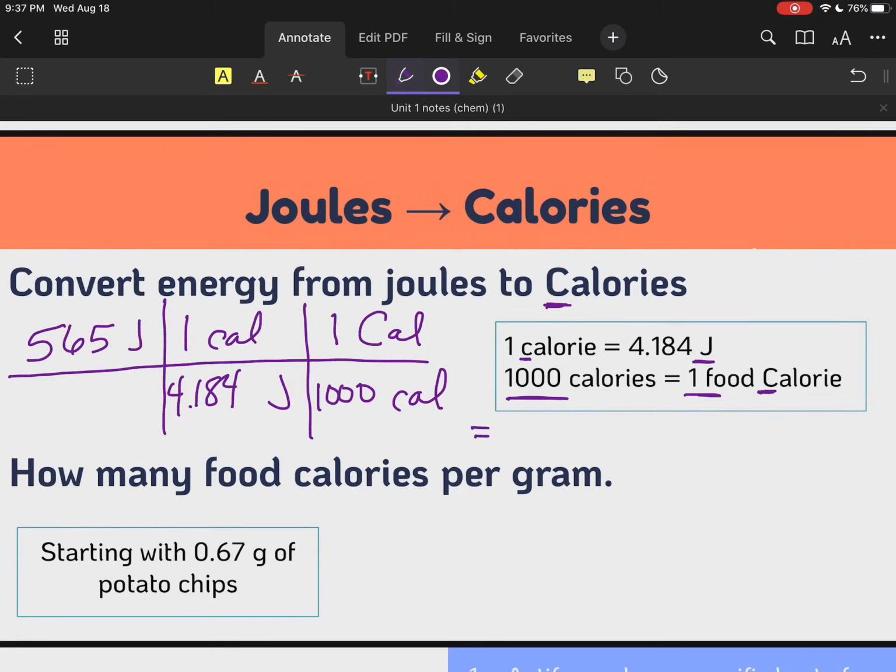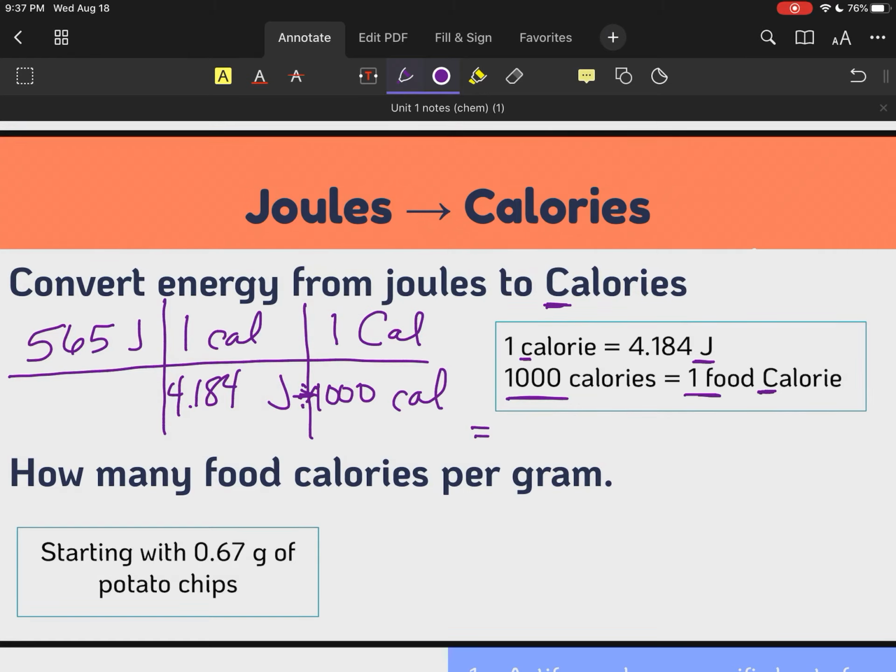So when I type this into a calculator, I'm just going to multiply the top, so 565 times 1 times 1, and I'm going to divide by 4.184 and divide by 1,000. Be careful when you're dividing. Make sure you divide by both of these. If you want to multiply the whole bottom first and then divide by everything, that's fine.